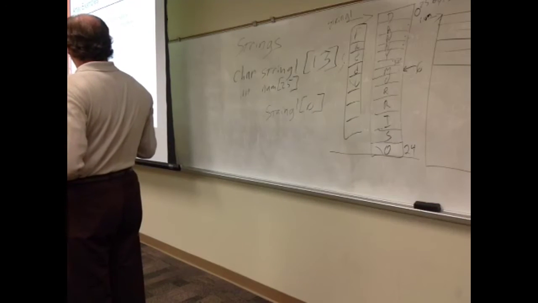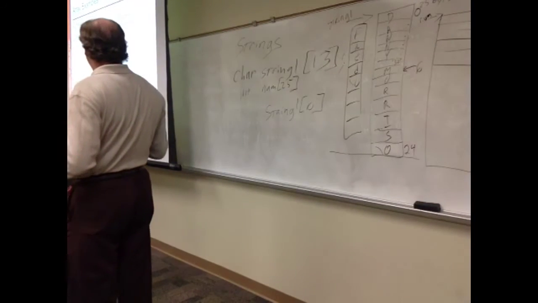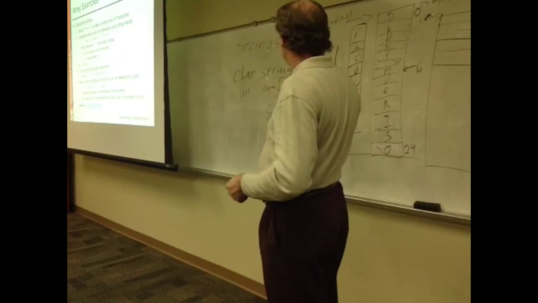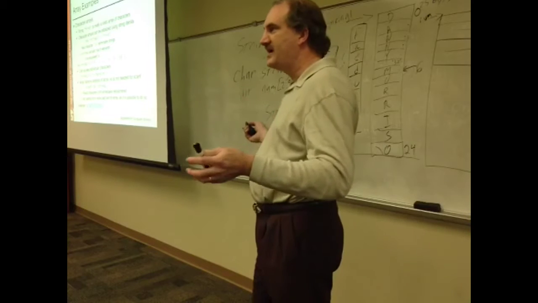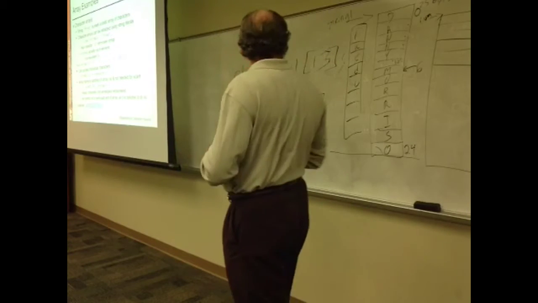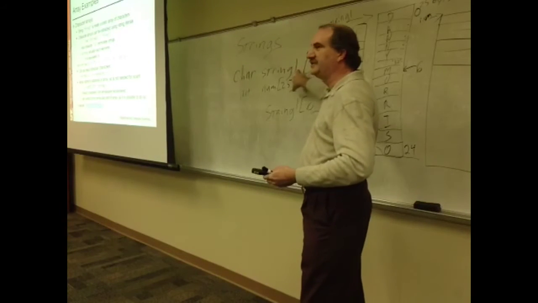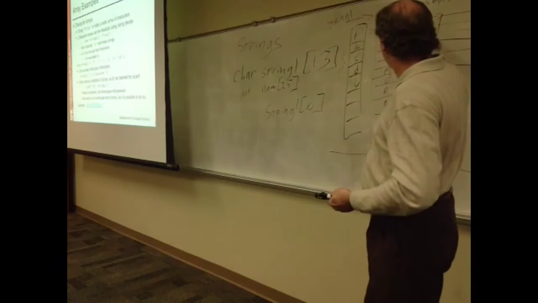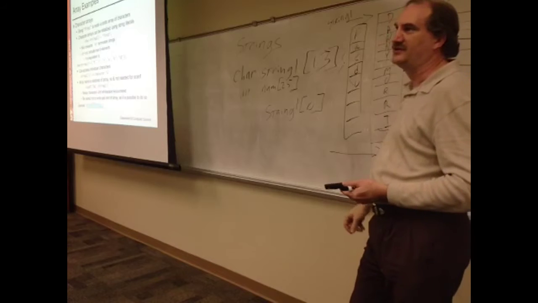See, the array name is the address of the name. So string 1, he doesn't have a value of himself. If we want to print string 1, it would not print Danny Morris.